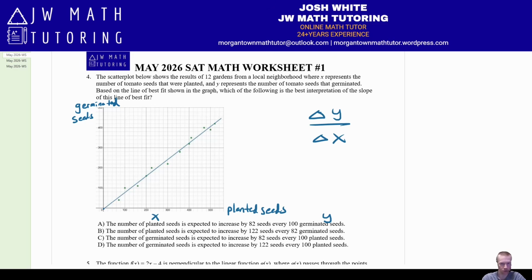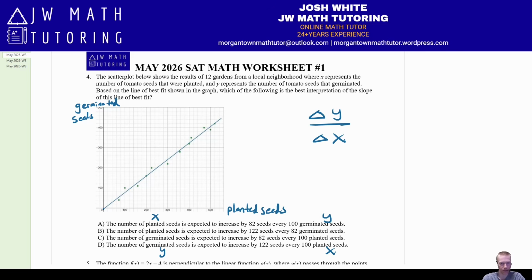We're still going to look at the numbers to confirm that they are not correct numerically, that they don't match the graph. But the wording of them is essentially backwards for what we would expect to describe the slope. Whereas C and D are in the proper format, talking about a change in y for every given change in x, because the planted seeds are x and the germinated seeds are y.